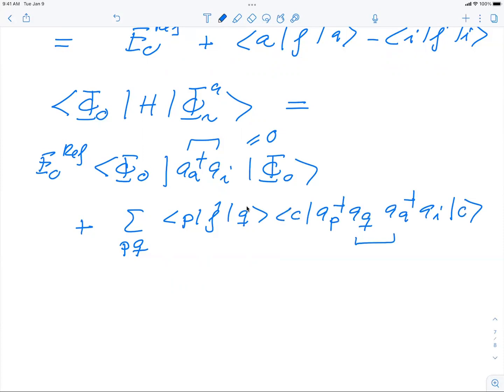That's fully possible. That gives me delta Q of A, and I can have this contraction, and that gives me delta P of I. If I try to contract AP with AA, that's 0. If I do AQ with AI, that's 0. So this is actually the only term which contributes. So what I get here, and let's put this in parentheses, is I of F of A.